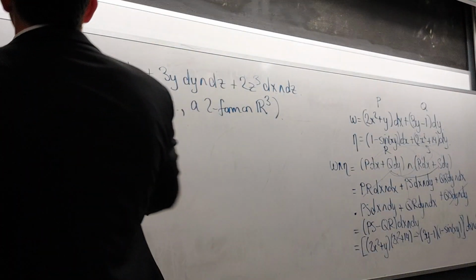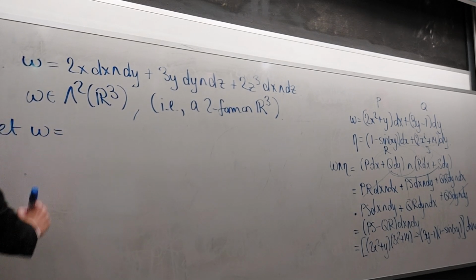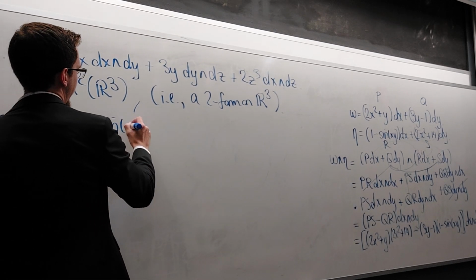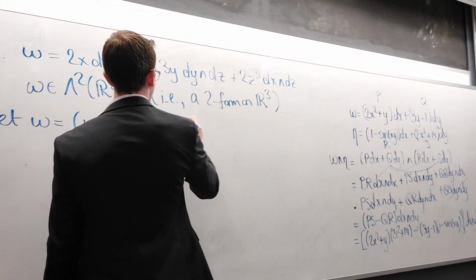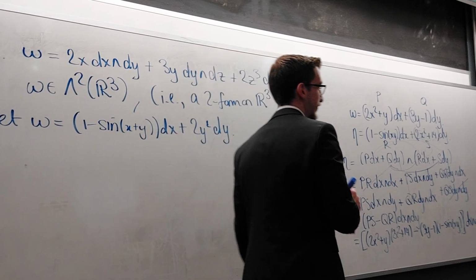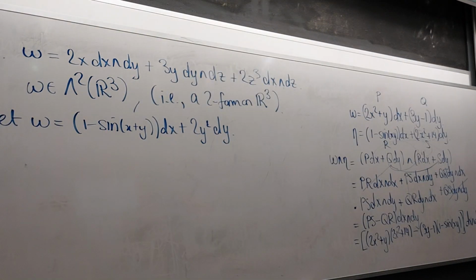Okay, so let's look at an example of how to compute something. Let omega be (1 minus sine(x plus y)) dx plus 2y squared dy. So one form, a two form, a function, a set, what is it?